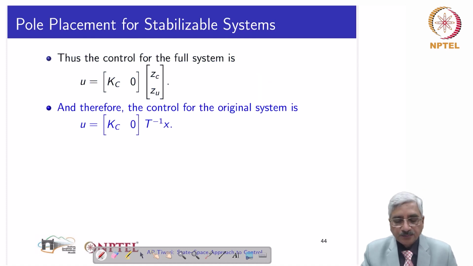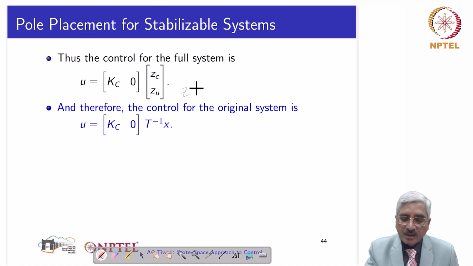K_C has been designed. And now the controller for the original system will be obtained, because this Z is T inverse X. So the input for the original system will be the gain of the system after decomposition multiplied by T inverse. And so we get this gain matrix [K_C 0] T inverse. This is the gain matrix for the original system.